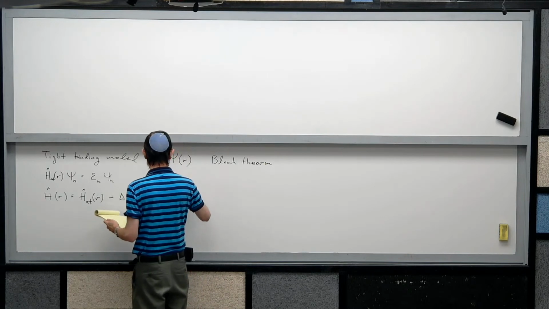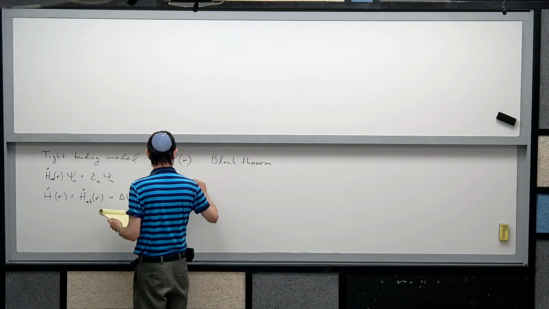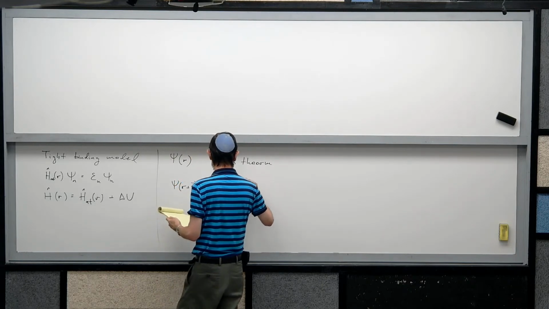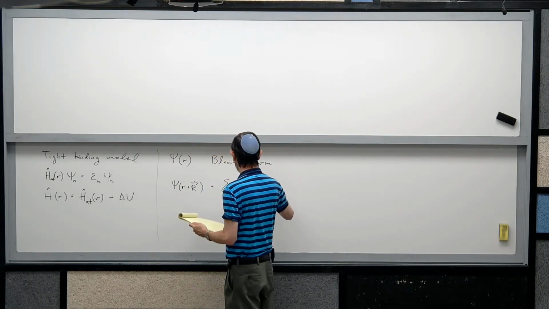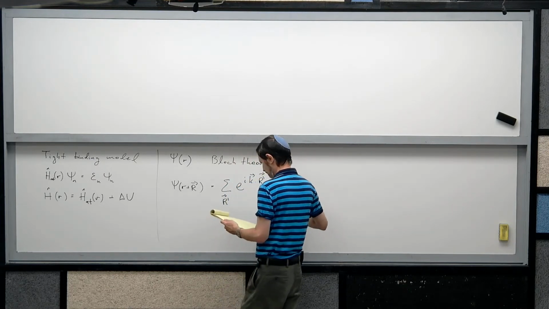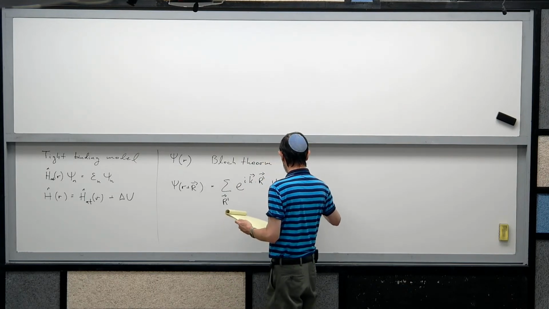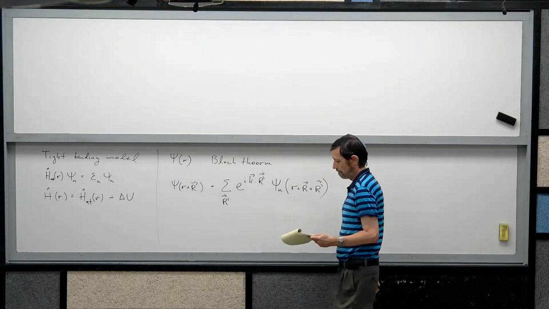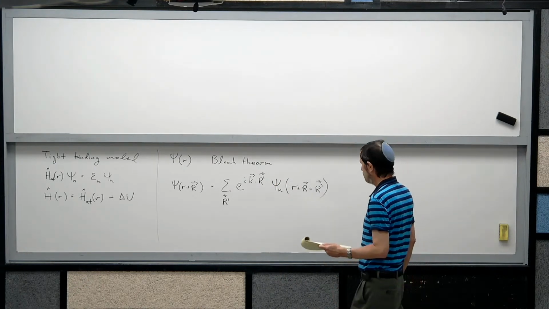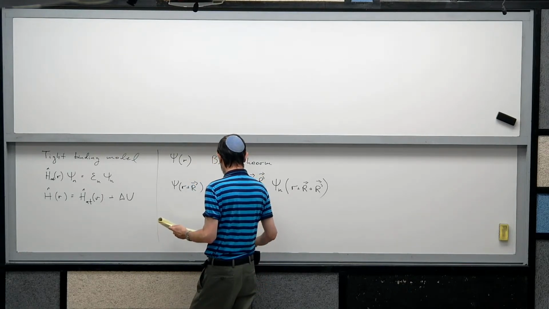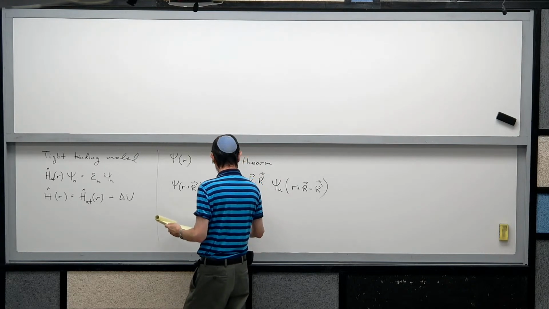And therefore, psi of r plus a lattice vector is the total wave function of the system, and we can see that this fulfills the Bloch theorem by writing the following.